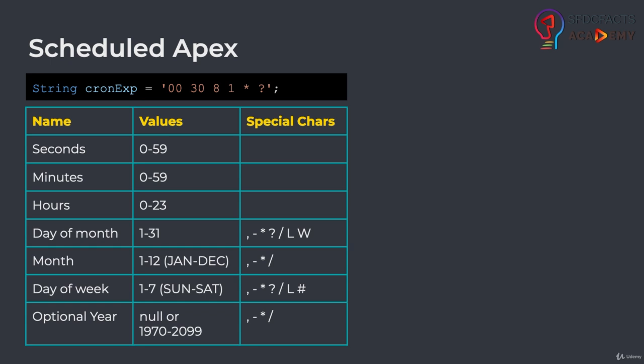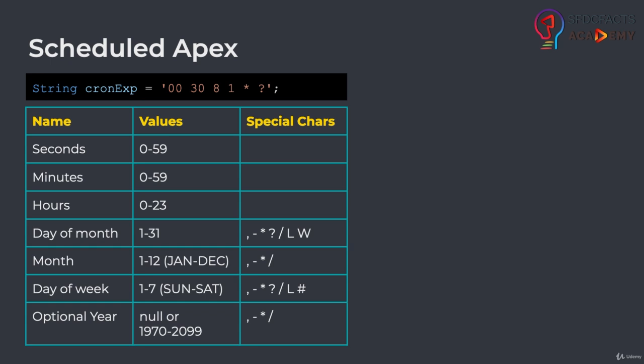After this, we can define the day of week, and this can have a value from 1 to 7 or from Sunday to Saturday, and this also has similar wildcards or special characters. In the end, you can optionally define the year as well, and it's not mandatory. But if you want to give it a value, then make sure that it's between 1970 and 2099. You can use special characters in this parameter as well.